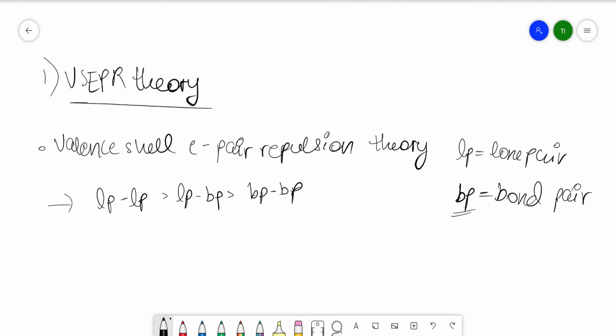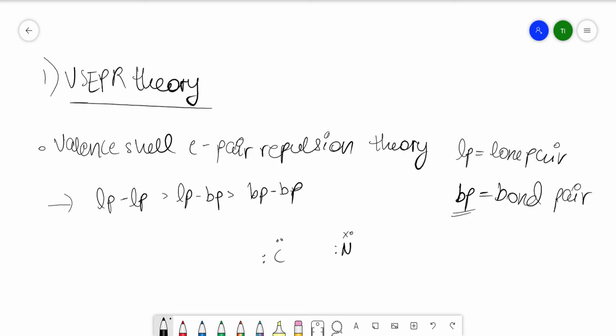Okay, so what this basically states is that when there's a lone pair present, the interactions between lone pairs will give a stronger force of repulsion than the interaction between a lone pair and bond pair. So for instance, let's say this is a lone pair, and there's a bond pair and a lone pair here.